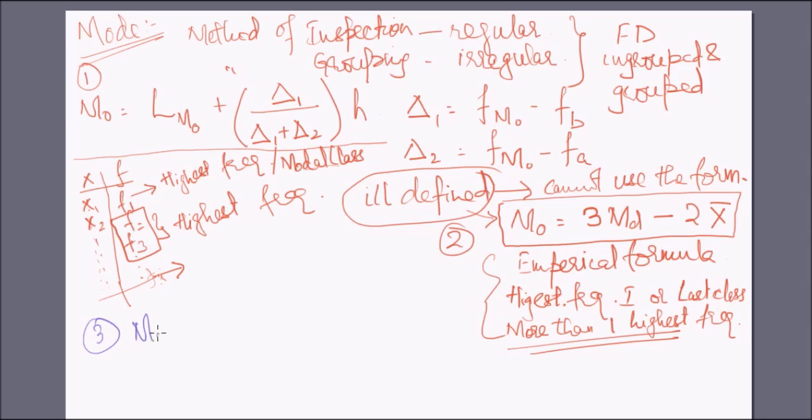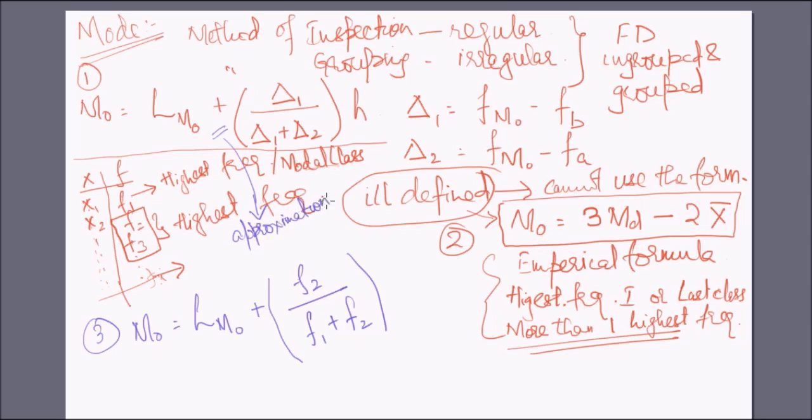Your mode in this case will be lower value of the modal class plus, now instead of delta 1 and delta 2, I'll be using f2 divided by f1 plus f2. This is an approximation of the previous formula, and this of course will be multiplied by h.